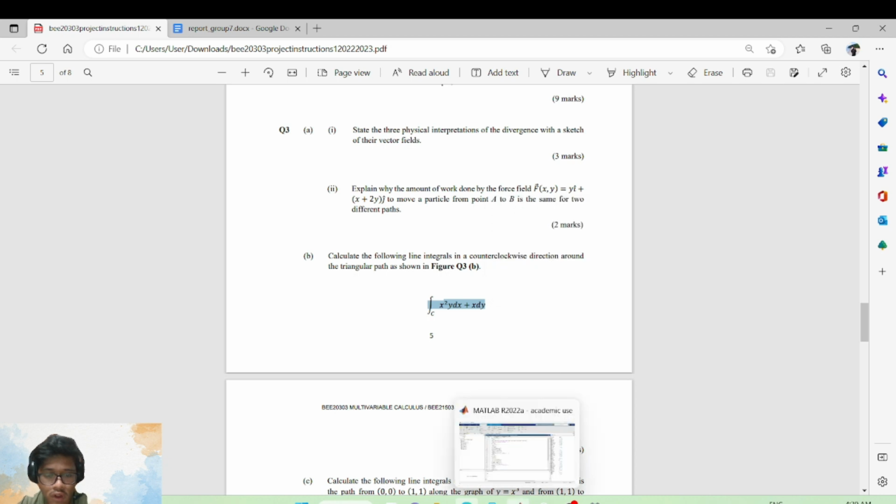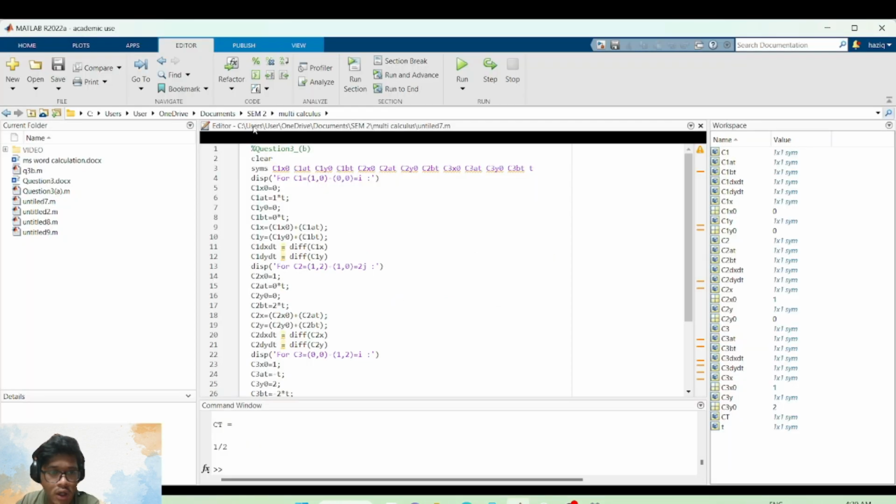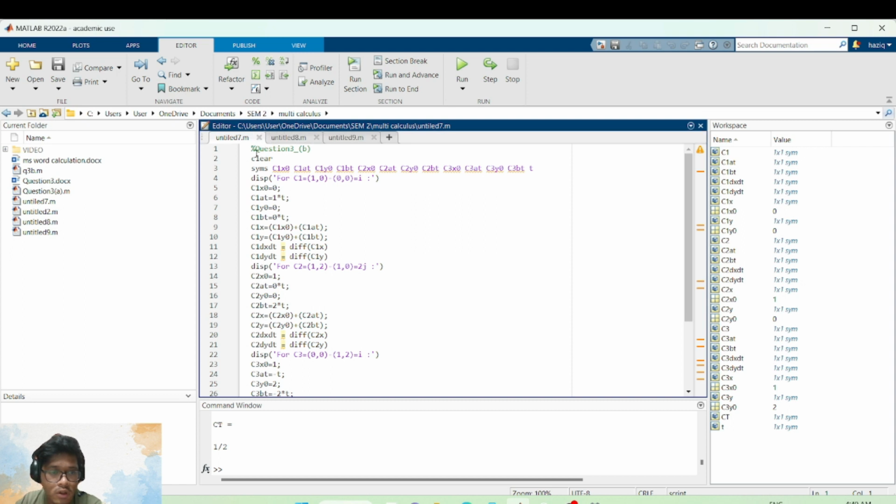Firstly, for the MATLAB, this is the question 3b coding which we write in the editor, and then we run the simulation to find the C total. The result that we get from the command window is 1/2 for the C total, and based on the question we have to find the C total.